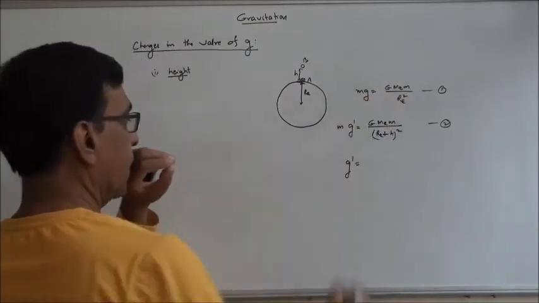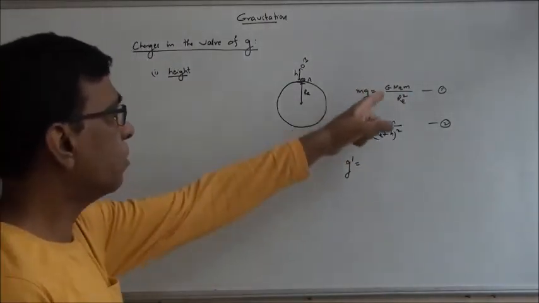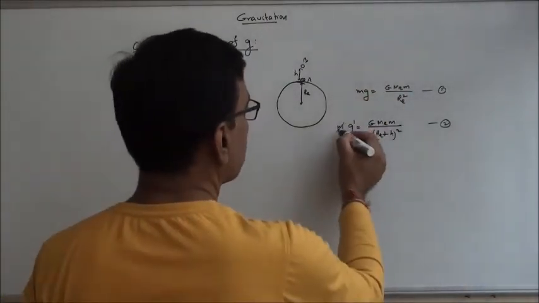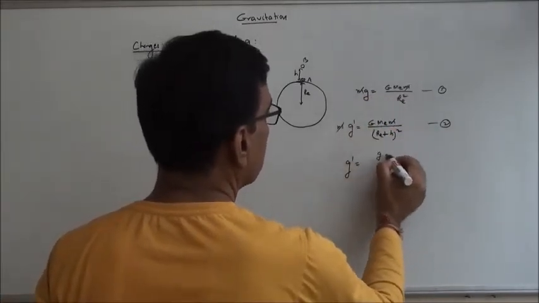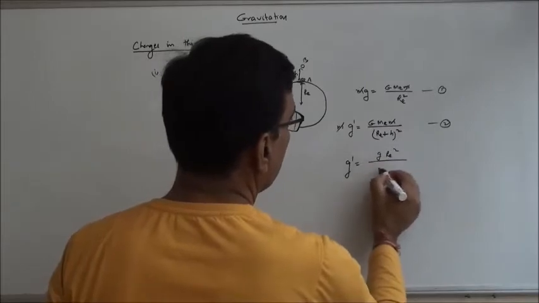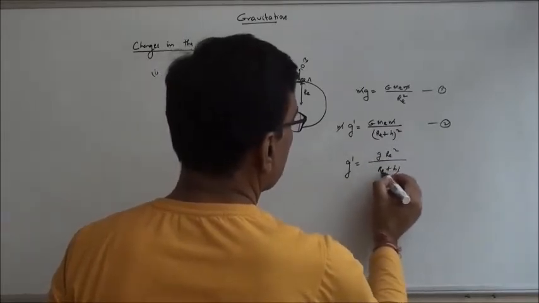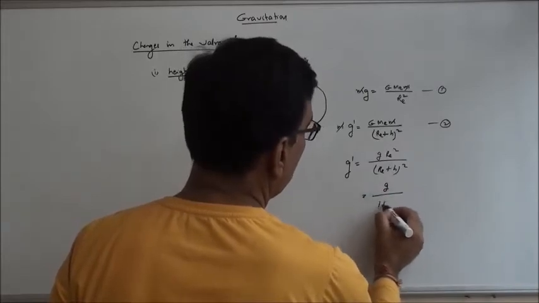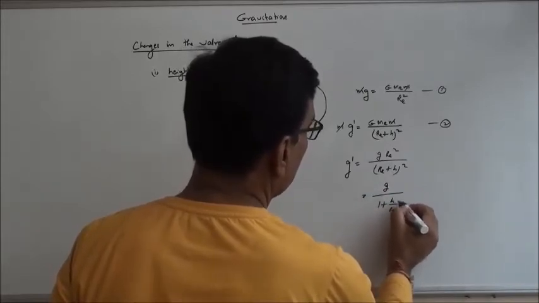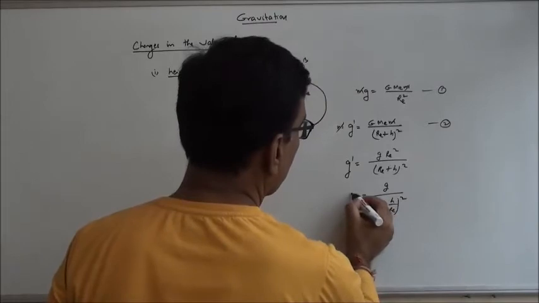I can divide this by this or just substitute the value of GM_e. GM_e is g R_e square upon (R_e plus h) square. So it becomes g upon (1 plus h by R_e) whole square.